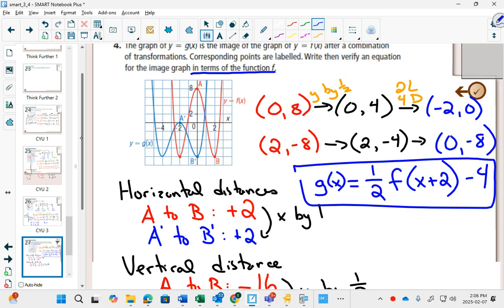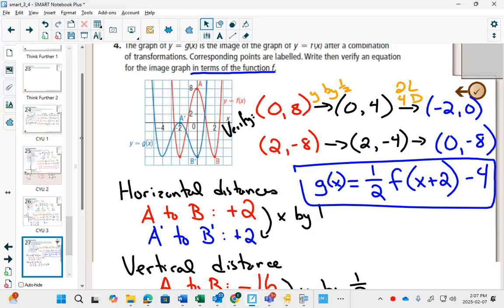And this part right here, by writing the points like we did, we actually verified it already. We already showed that it worked. So our method also was a verification at the same time, which is kind of nice.